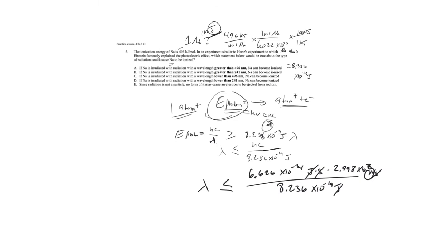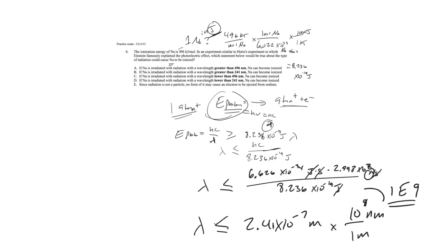So I do 6.626 times 10 to the minus 34 times 2.998 times 10 to the 8, divide by that energy, and I get 2.41 times 10 to the minus 7 meters. 1 meter is 10 to the 9 nanometers, so I do times 1E9, and that's 241 nanometers. So I want my wavelength of light to be less than 241 nanometers.